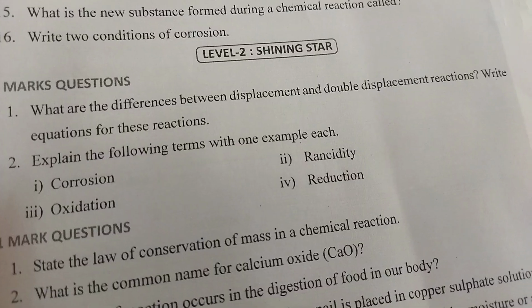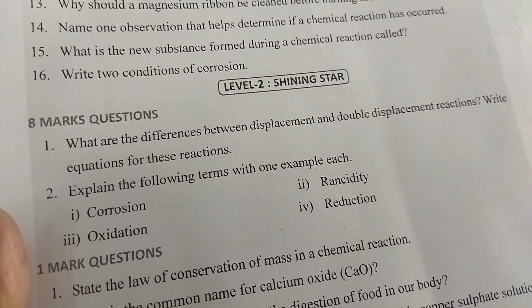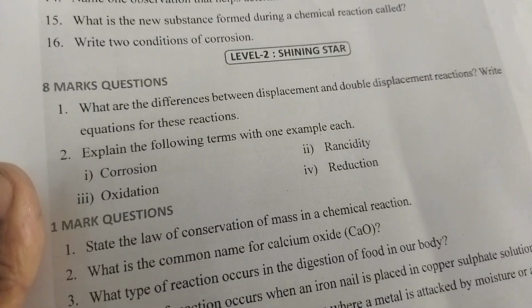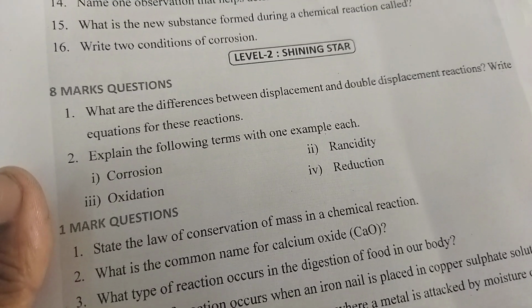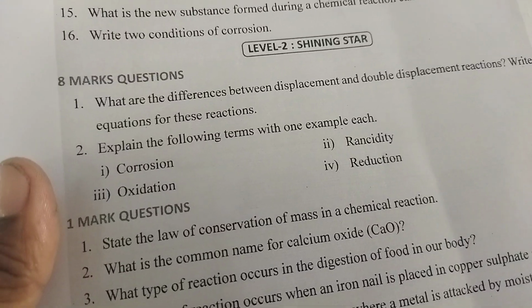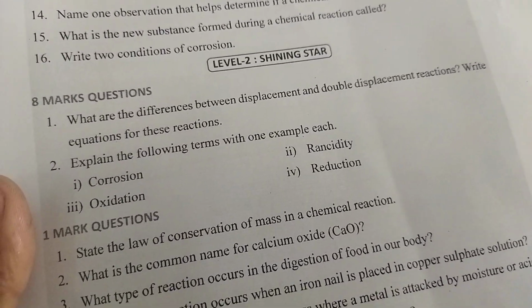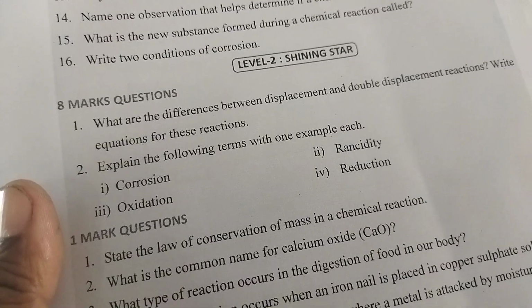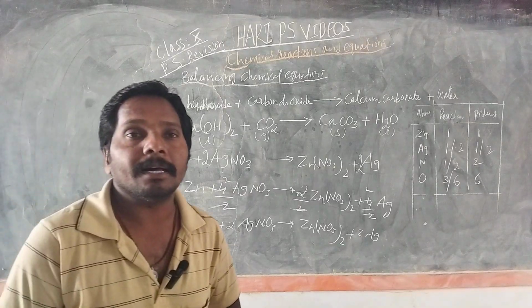Then explain the following terms with one example each: corrosion and rancidity. Oxidation we discussed already, reduction also we discussed already. Let us discuss corrosion and rancidity.